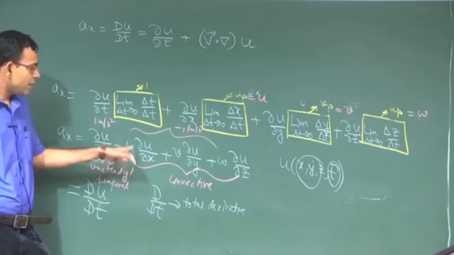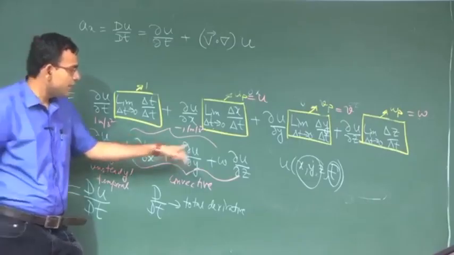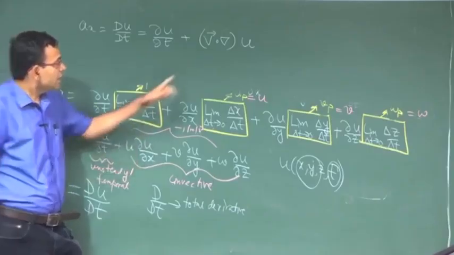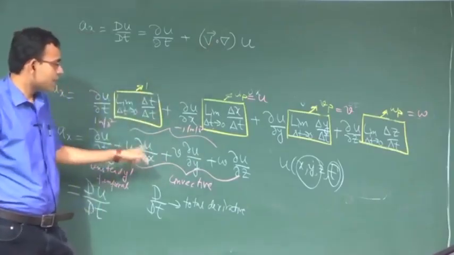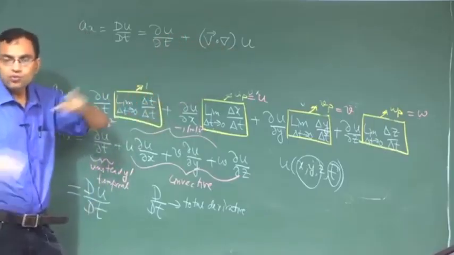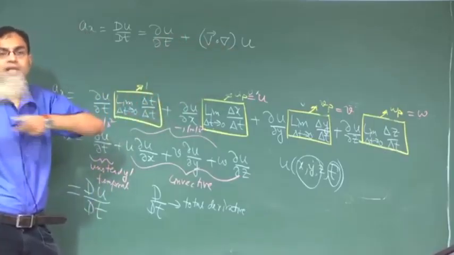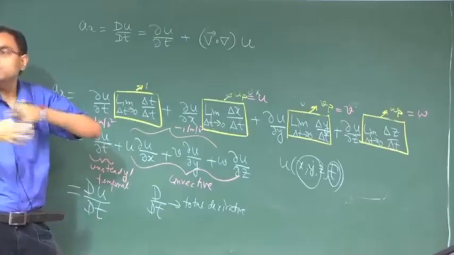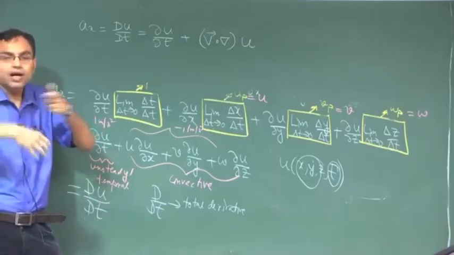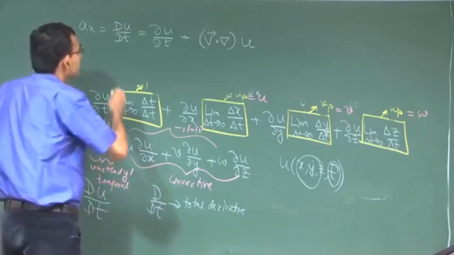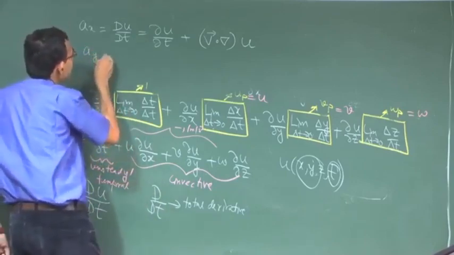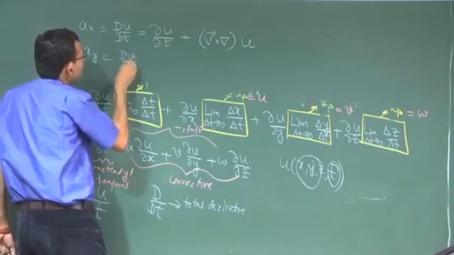So you can write the velocity vector as ui plus vj plus wk, and the nabla operator operates on u, it is a dot product of these two. We are always interested to write a vector form because vector form is coordinate system independent and it can be used for other coordinate systems as well. Similarly, acceleration along y is dv dt.